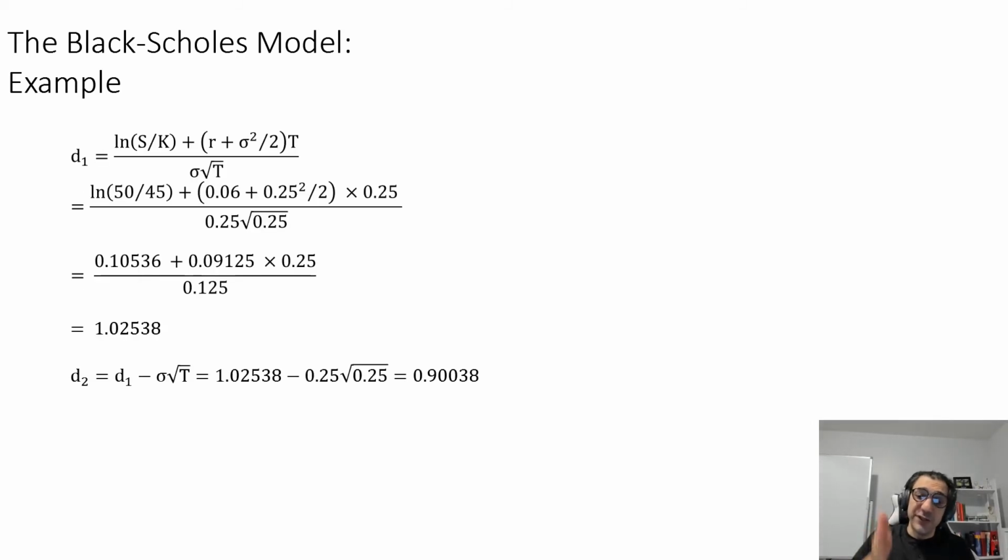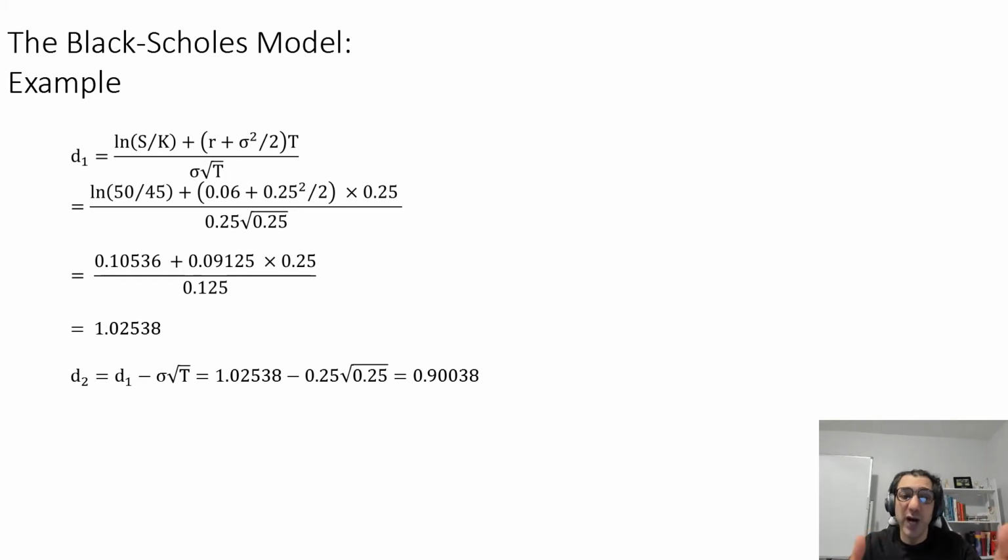As I mentioned, the first step here is to find d1 and d2. So we already have the formula for d1. Just plug in the numbers. You need to have the calculator or Excel or some online web pages to find the natural logarithm. So that's the ln of 50 over 45, and the rest is just plugging in the numbers.